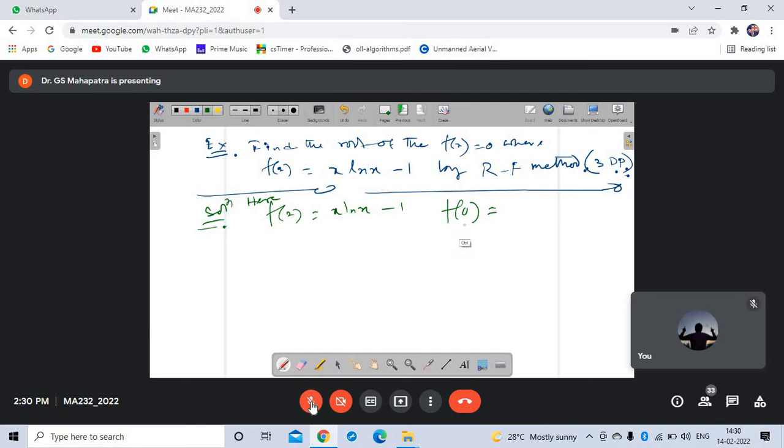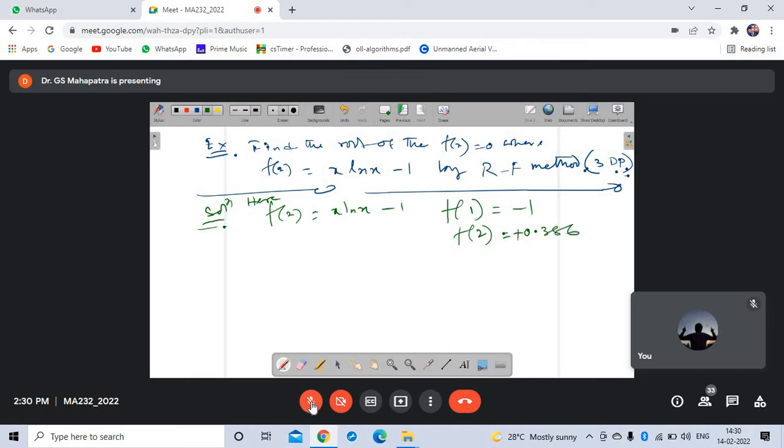F of 1 is minus 1. F of 2 is plus 0.386.